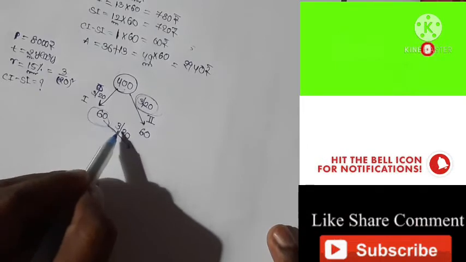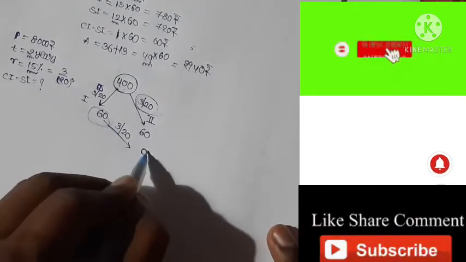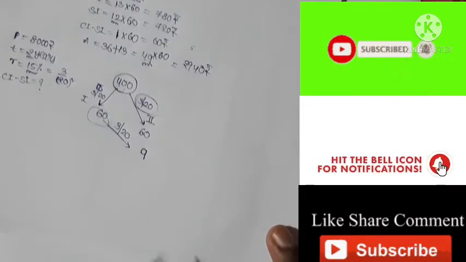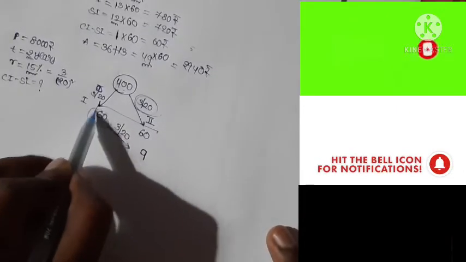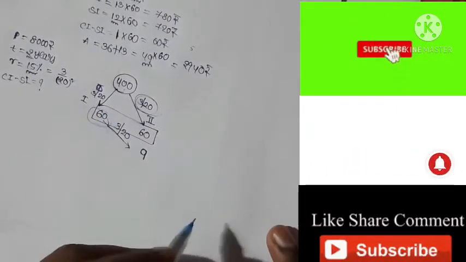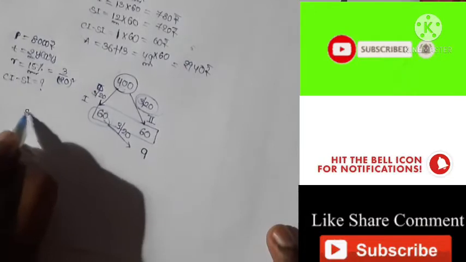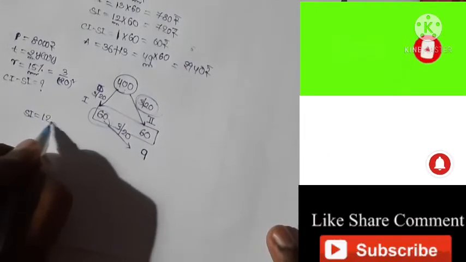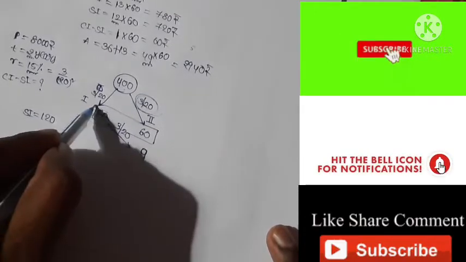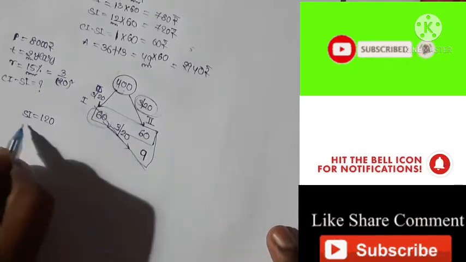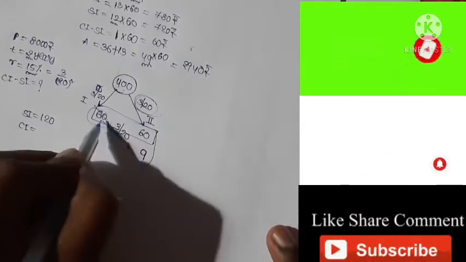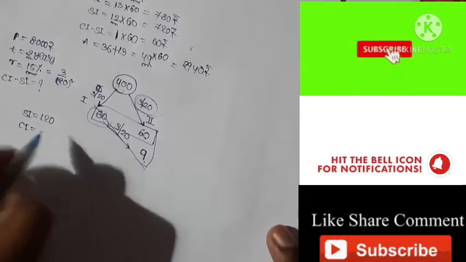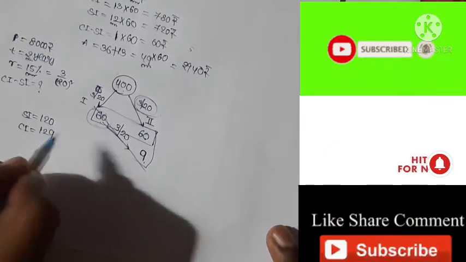So 3 into 3, so 9. So the simple interest is 60 plus 60, which is 120. So the compound interest is 60 plus 60 plus 9, so 129.